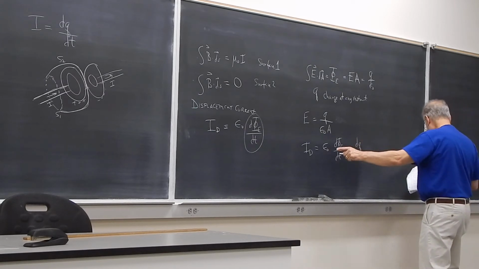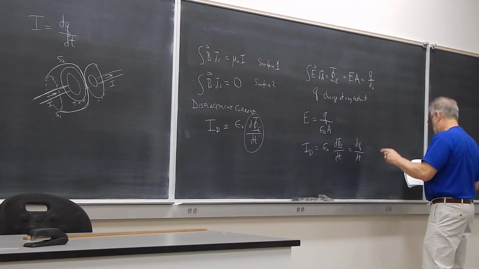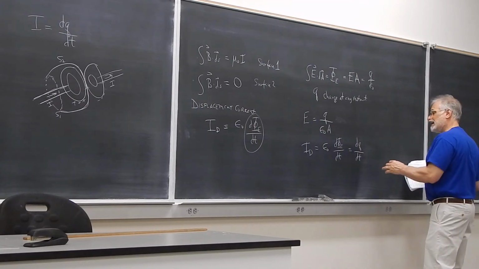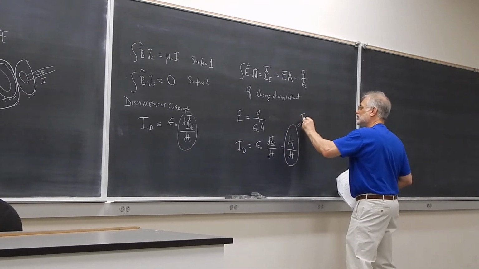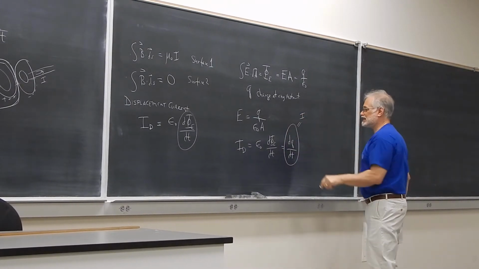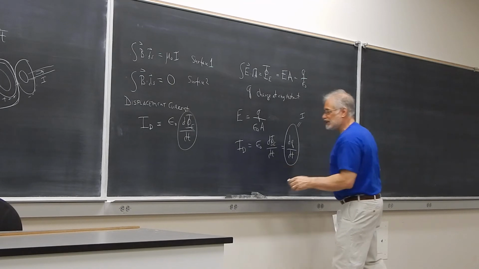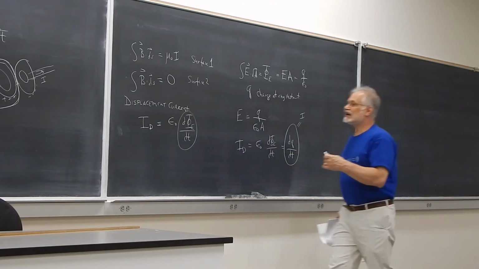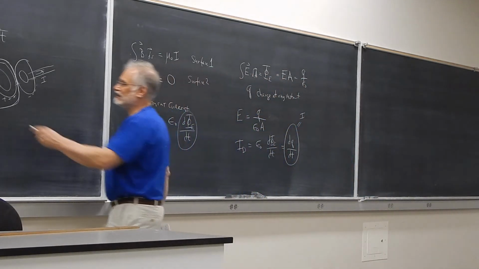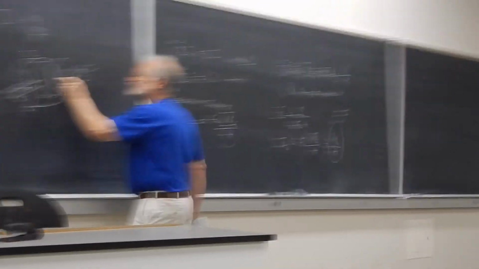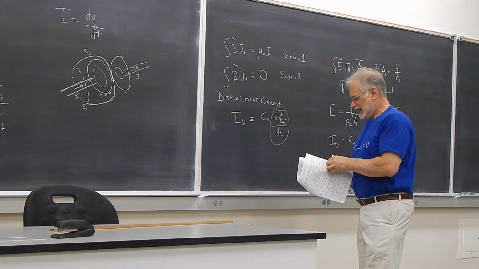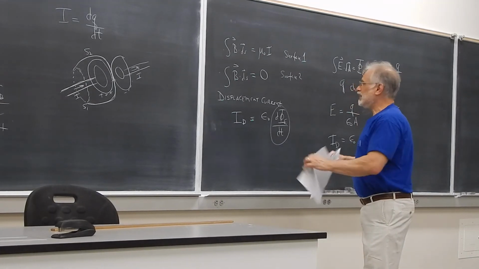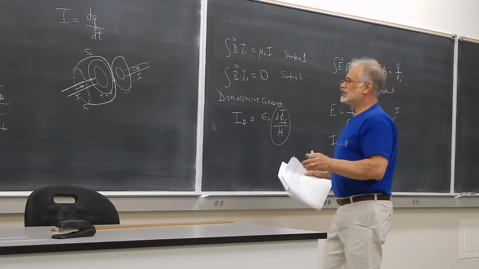So the displacement current is exactly equal to the conduction current in the wires. Therefore, it truly is a continuous form of current. I go from conduction current to displacement current and back to conduction current, but they have the same exact value. Beautiful. So two things have happened.